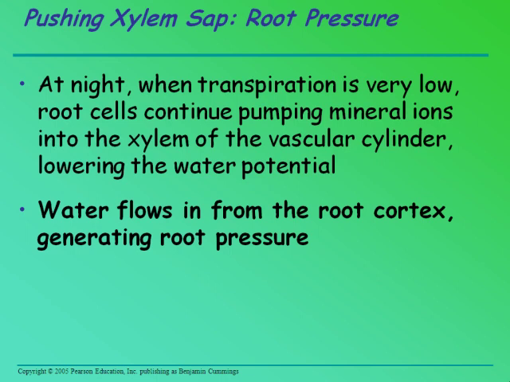So, root pressure. At night, when the stomata are closed and transpiration is very low, root cells continue pumping mineral ions into the xylem of the vascular cylinder, into the stele, lowering the water potential. Water flows in from the root cortex, generating root pressure.